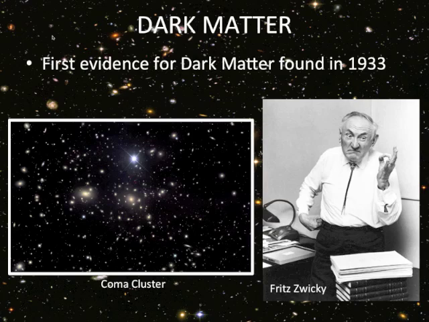This is a bound group of many, many galaxies that are floating and orbiting each other in space, right? If all those galaxies were static, if they were just floating statically in space, right? The gravity pull between them would make the whole system collapse into its center, right?